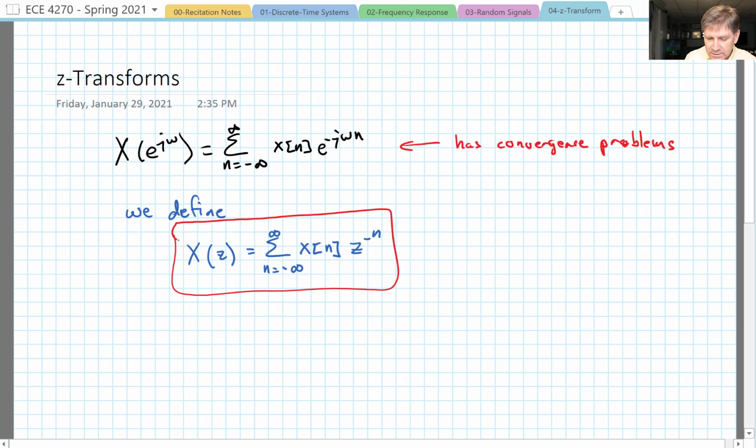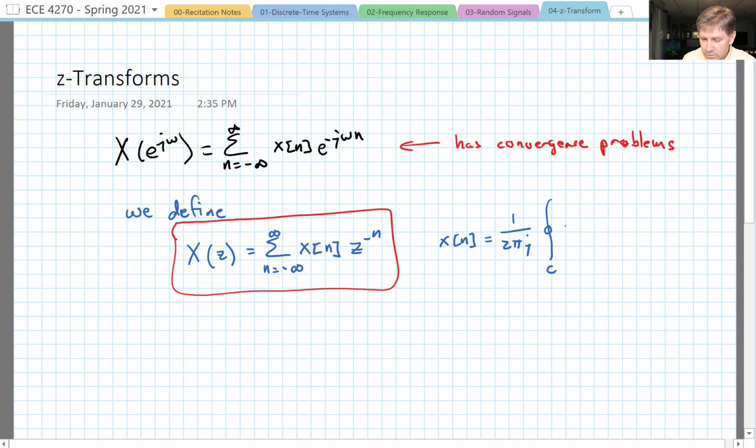So that's the definition. The inverse Z-transform, like the DTFT, involves an integral. But this integral is a little bit different, and it actually comes from complex analysis.